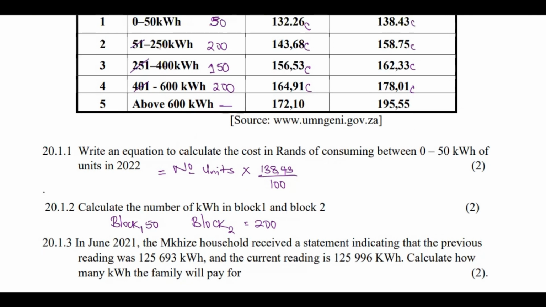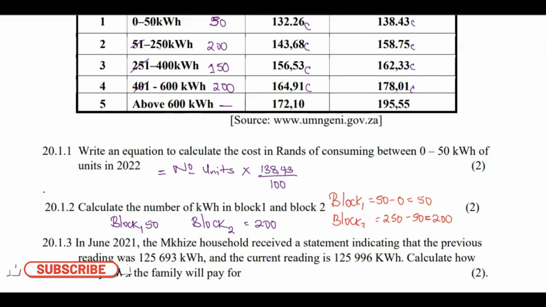Someone might ask us, how do you get the 50? How do you get the 200? Block 1, we said it's 50 minus 0. You get 50. Block 2, 250 minus 50. You get 200.